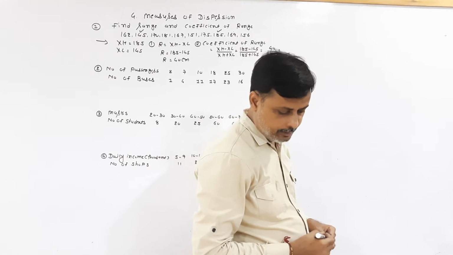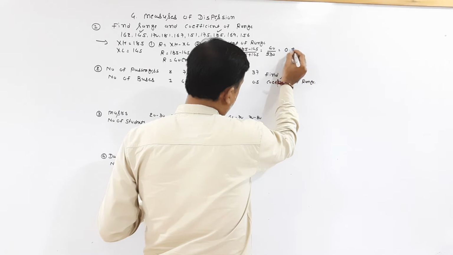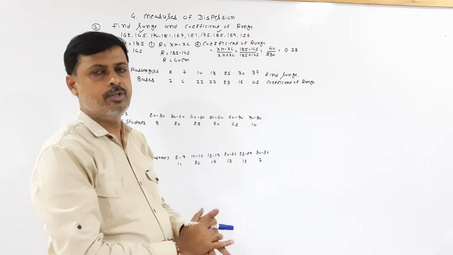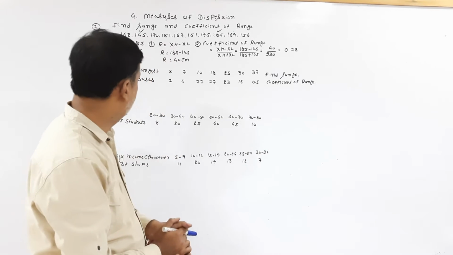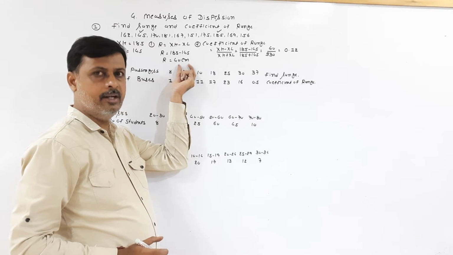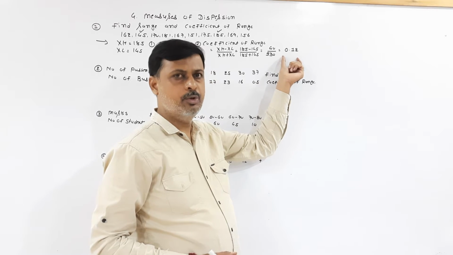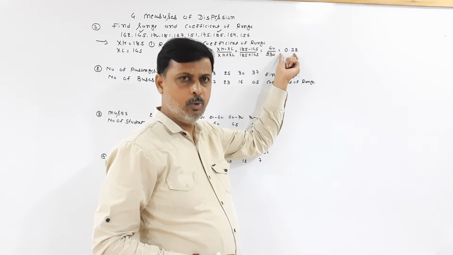So 40 divided by 330 is 0.12. And the coefficient of range is free from units. Here in range we should mention centimeter since height is given in centimeters, but the coefficient is free from units, so you cannot write centimeter or unit or rupees.